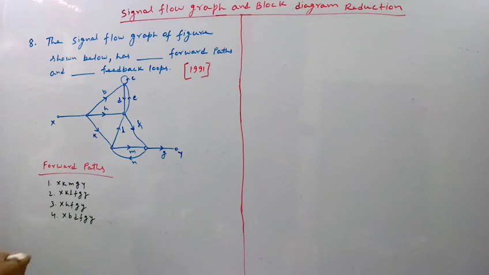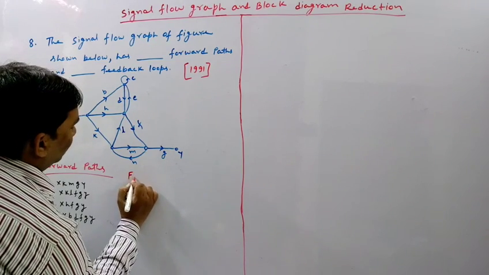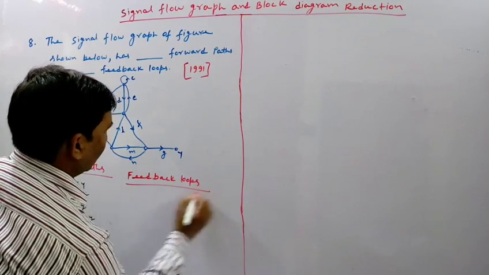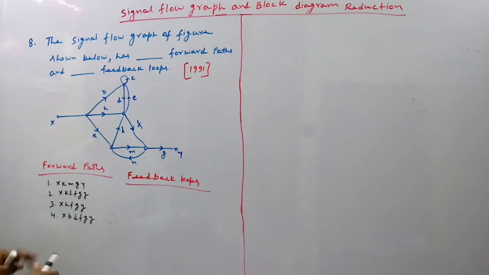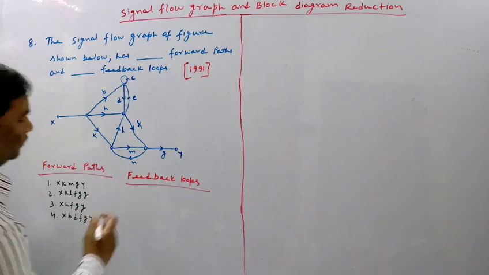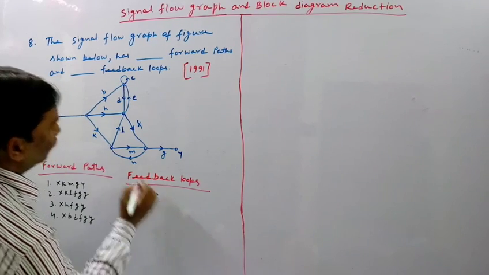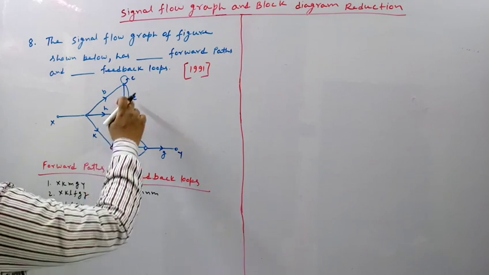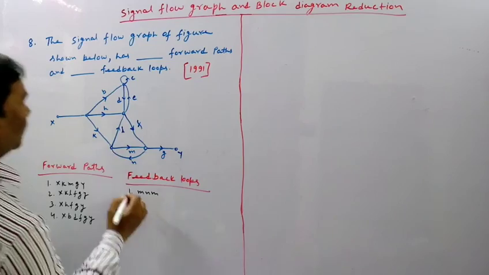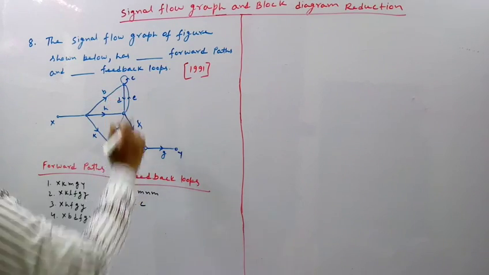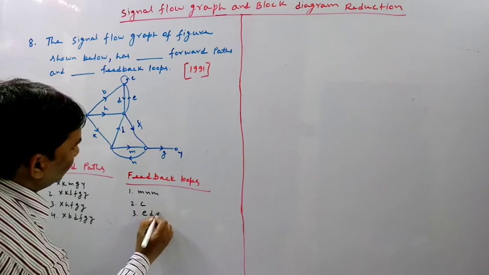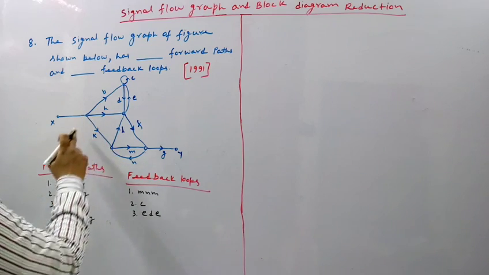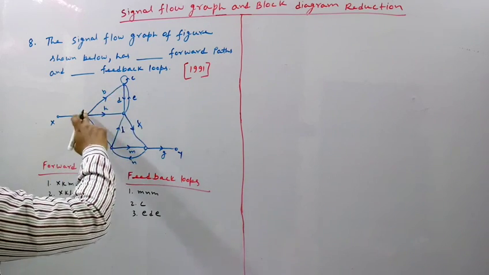And how many loops are there? So feedback loops. Let us name them here. The first feedback loop is M N M. The second feedback loop will be here. The third feedback loop will be E D E. The fourth feedback loop will be this one.